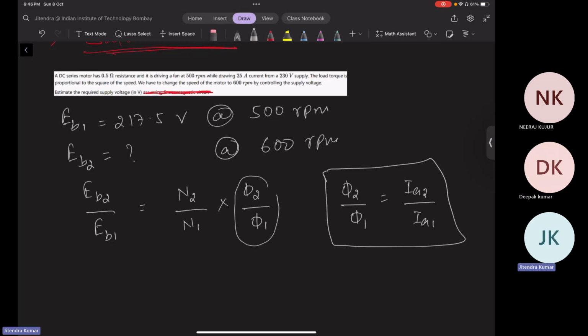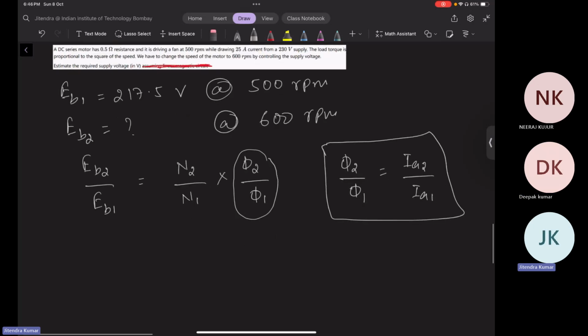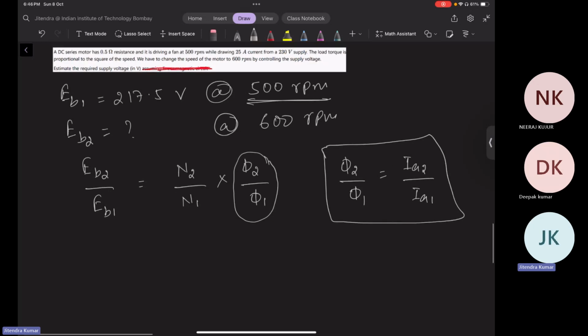So above rated value, it's very difficult to change the flux, right? We can calculate from the torque equation how much current will change. We are increasing the speed from the rated speed, which was 500 rpm, to a newer speed. So our flux will for sure be constant, because it has already reached saturation at rated condition.